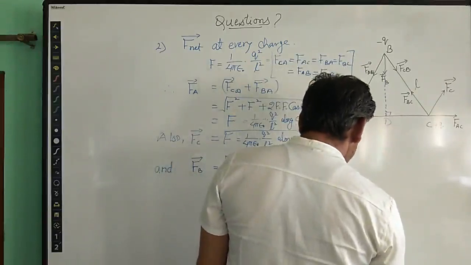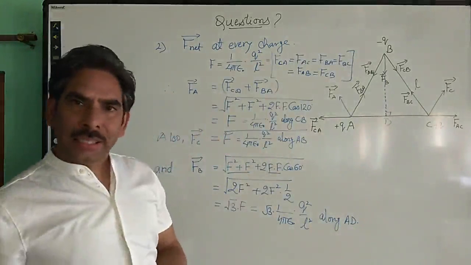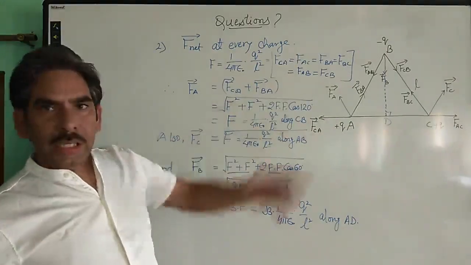So it is along AD. So this is how we find the net force on all the three charges due to the other charges.